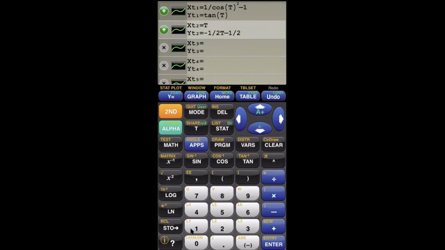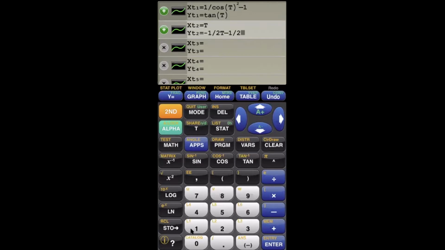One cheap way to parametrize a curve where y is given as a function of x is to just make x equal t and then make y equal f of t. So this second set of parametric equations is the easiest parametrization for the line y equals negative 1/2 x minus 1/2.